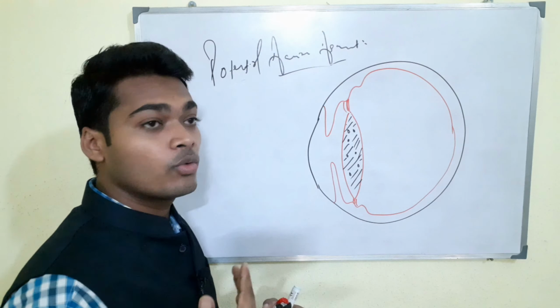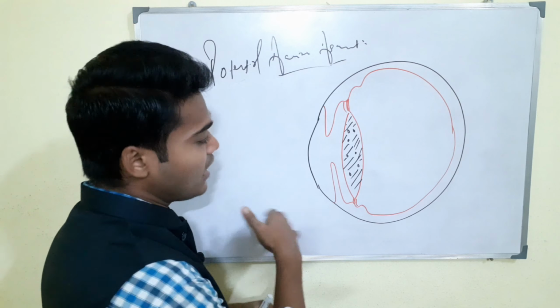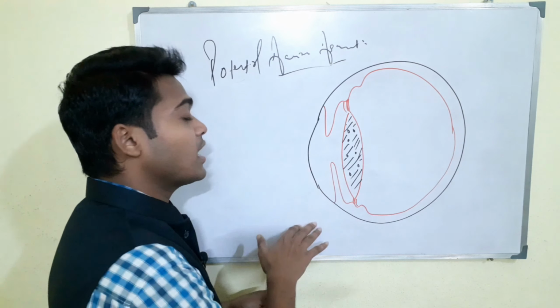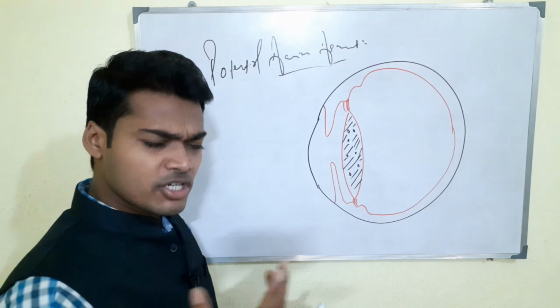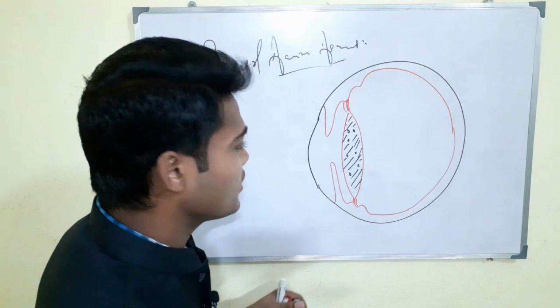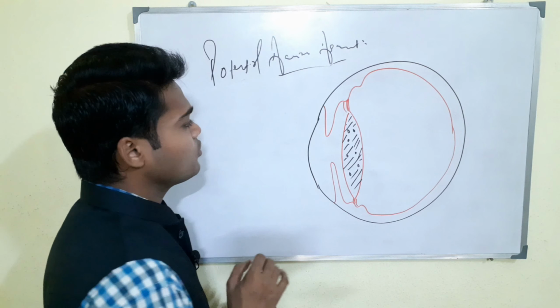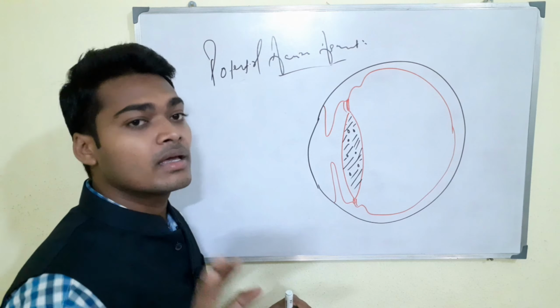When you take a proper history of the patient, you learn what is actually happening and why their vision is reduced. For example, I give you two or three scenarios to relate these things. When you see the patient, if they are young, it might be possible they have a cataract, or not, that is a different case, right?